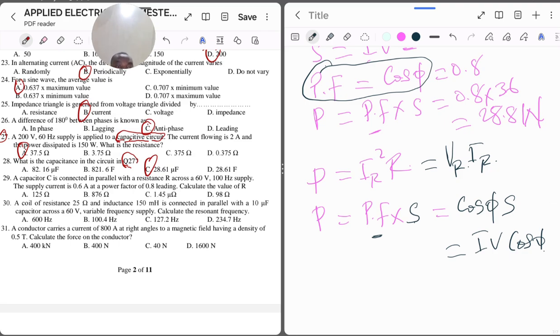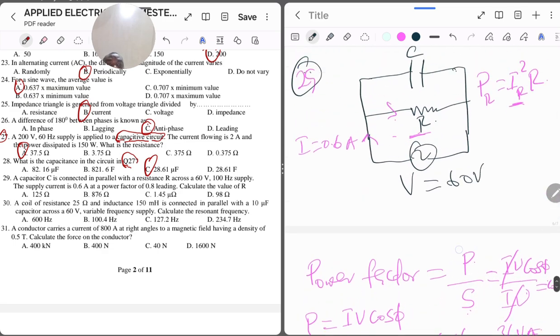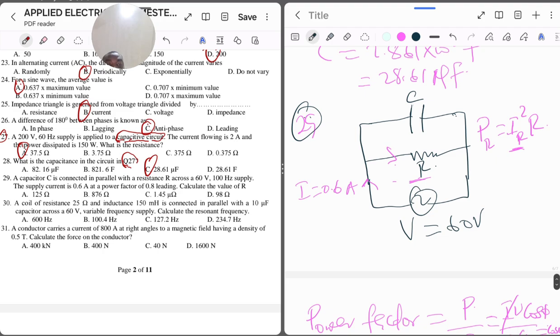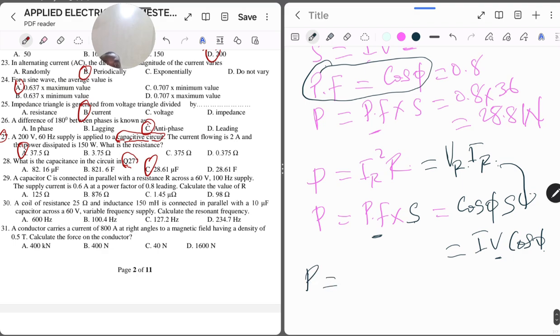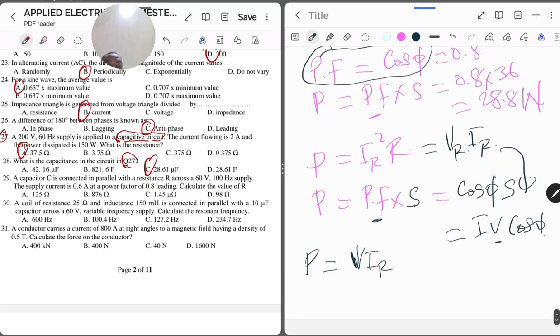If we do a comparison with these two formulas, we realize that because here they are in parallel, the voltage VR is going to be equal to the supply voltage V. So with this formula, I can write P to be equal to V times IR.